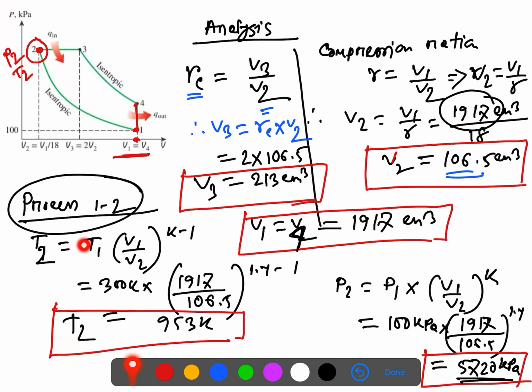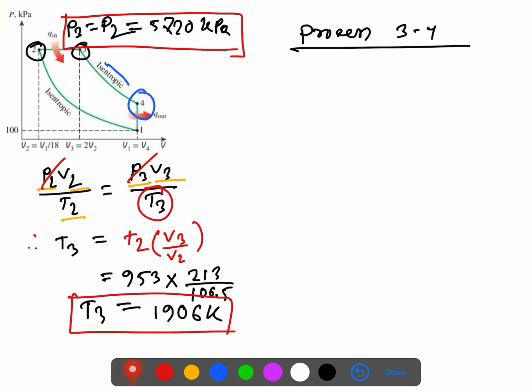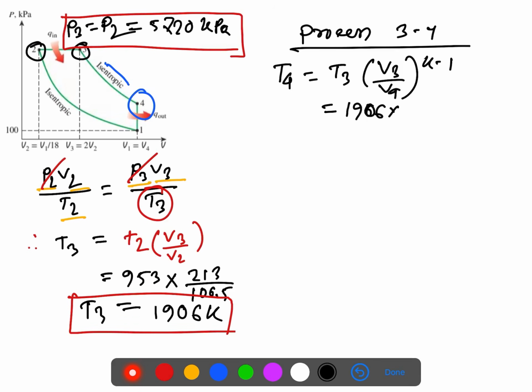So we'll use the same expression for temperature and pressure. It will be T4 equals T3 times V3 over V4 to the power K minus 1. Substitute all the values: this is 1906, this is 213, this is 1970, and K is 1.4 minus 1. So it will be 791 Kelvin.